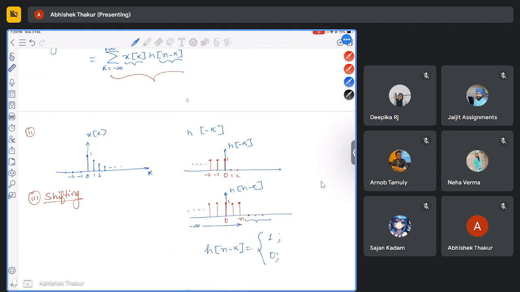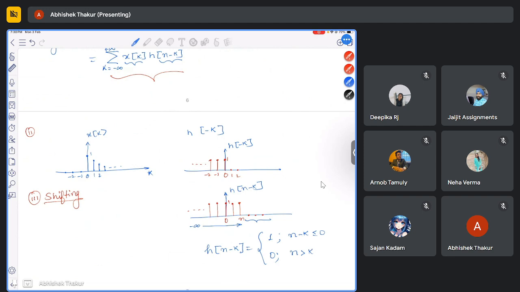So we can write here, for n minus k less than or equal to 0, this will be 1, and for n greater than k, this will be 0.